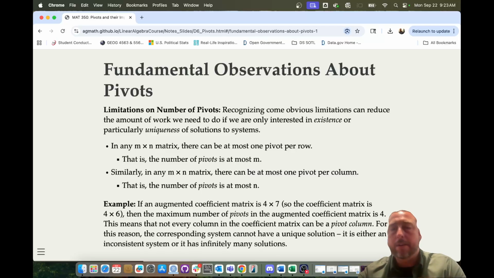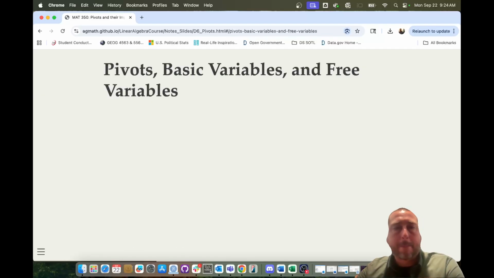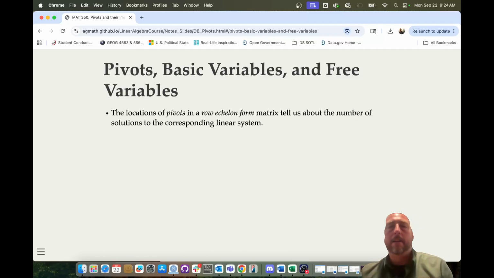Having a unique solution here is not possible because I would need a pivot in every variable column, and I have 6 variable columns, but the maximum number of pivots I can have is 4. And so that eliminates the possibility of having a unique solution immediately. But it is still possible to have no solutions, so an inconsistent system, or to have infinitely many solutions in this case.